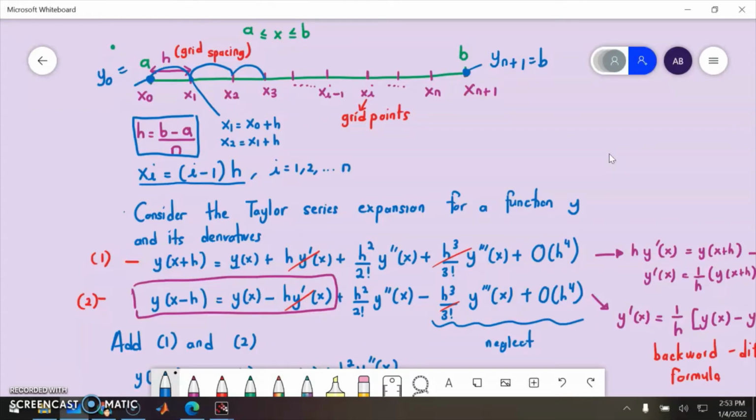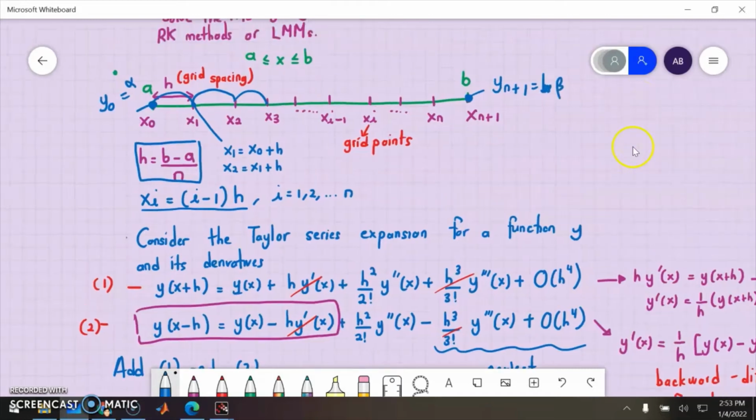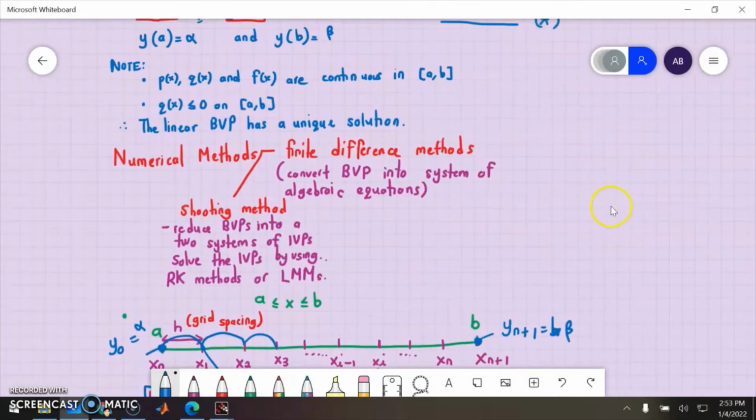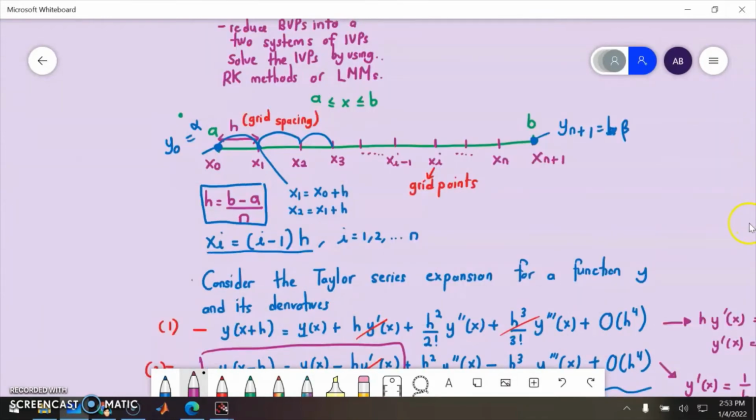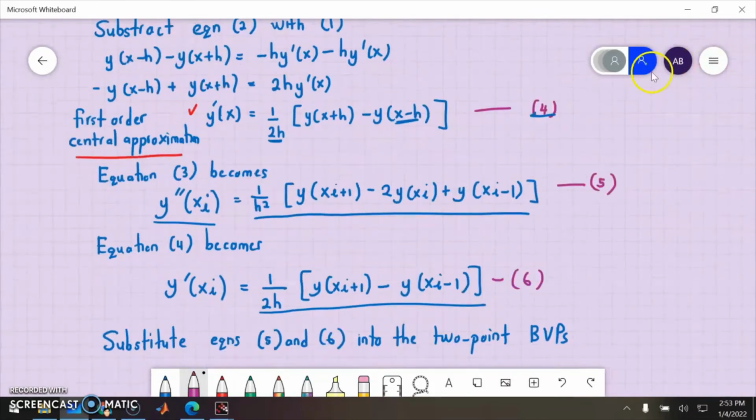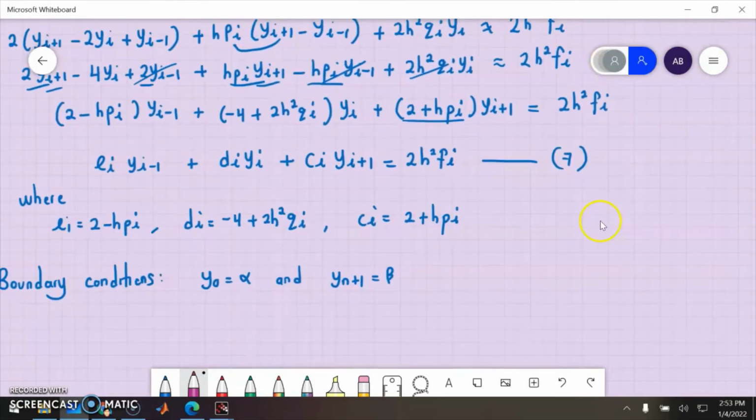Sorry, this is x_0 and it's not quite a, it's my alpha. So y_0 equals alpha, and y_{n+1} equals beta. Look at the boundary conditions given: this is my x_0 and x_{n+1}, and the values are y_0, which is alpha, and y_{n+1}, which is my beta. So this is what we know about our boundary conditions.